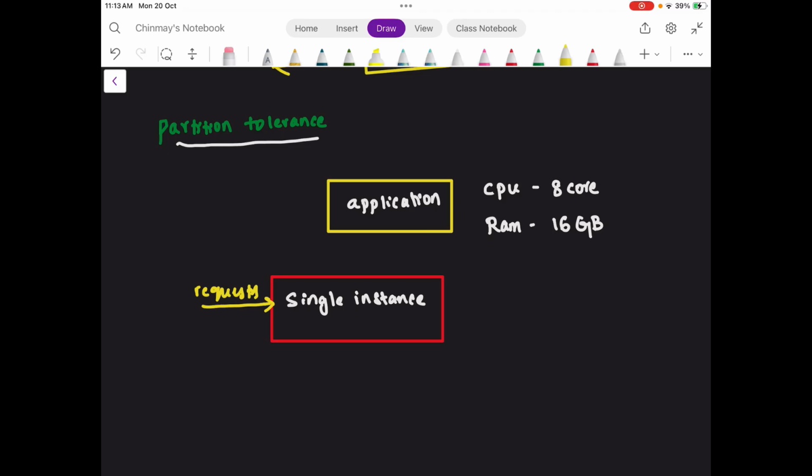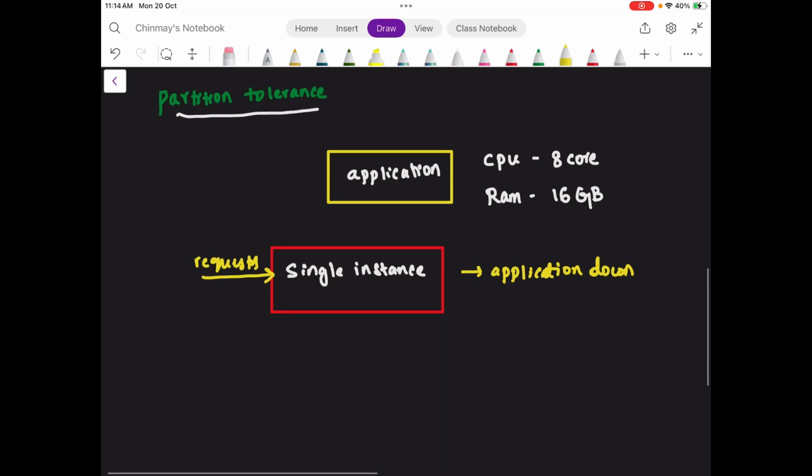It will lead to application down. We need to increase the CPU, increase the RAM, or increase the replicas.